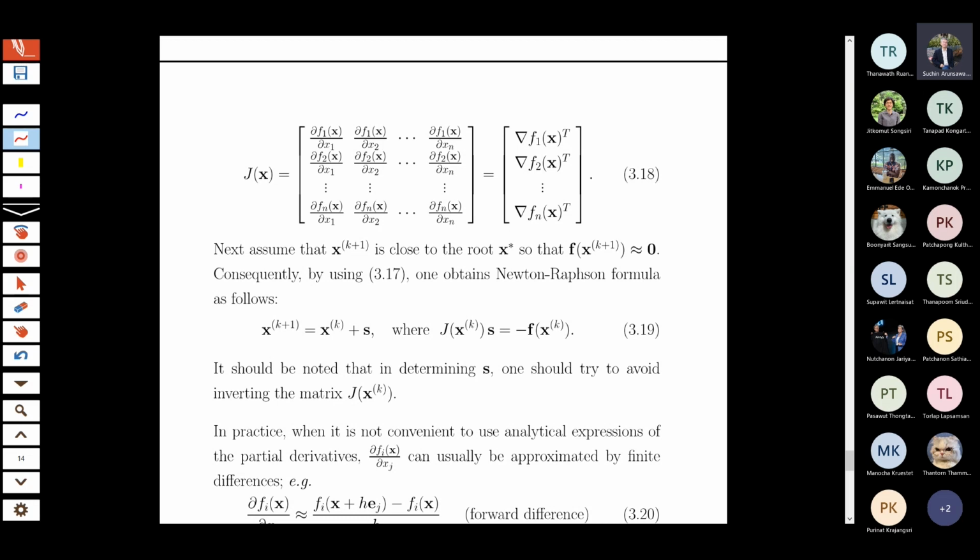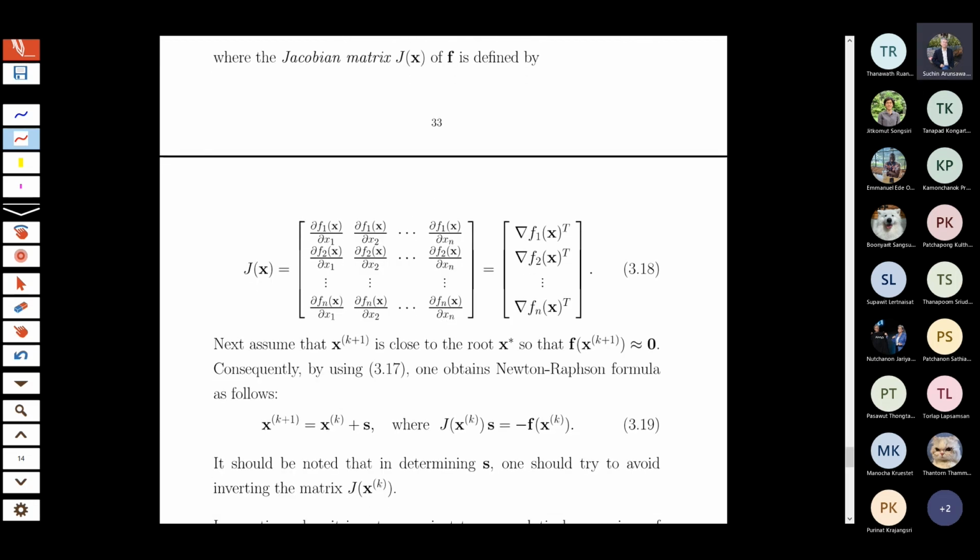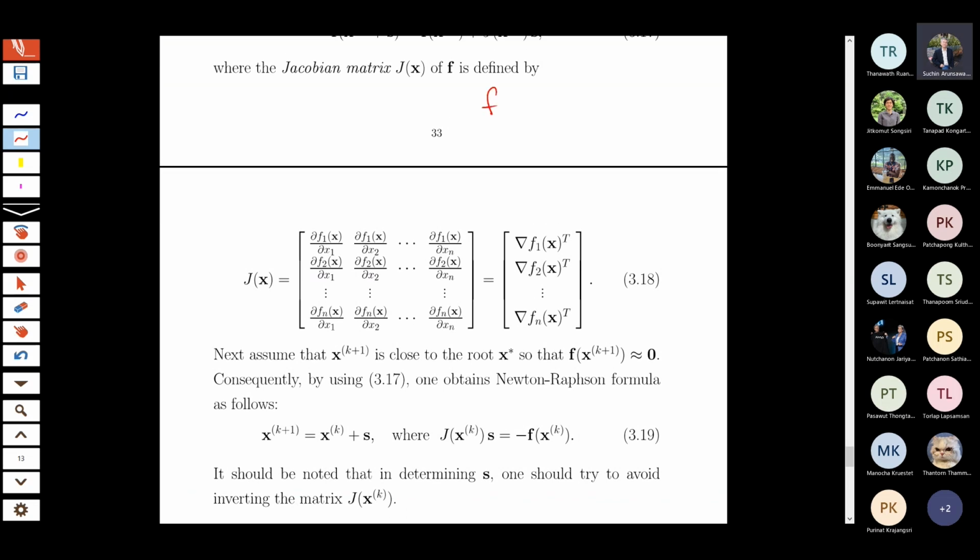From this we obtain the Newton iteration, because F(xk plus 1) is approximately equal to F(xk) plus J(xk) multiplied with s, and this is approximately equal to 0.